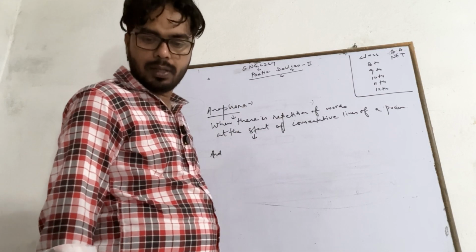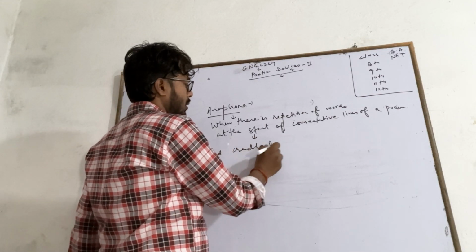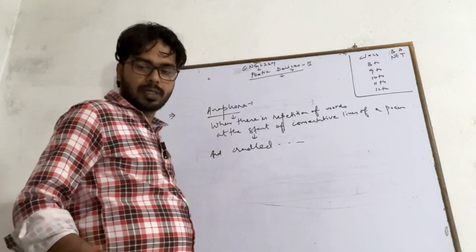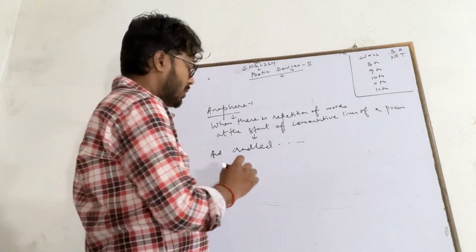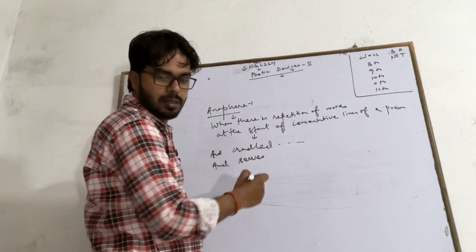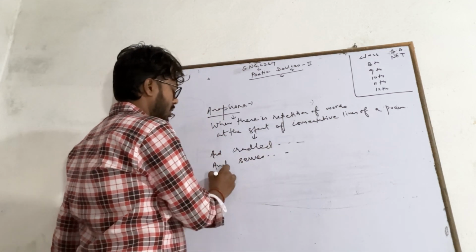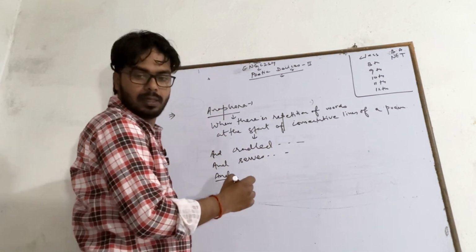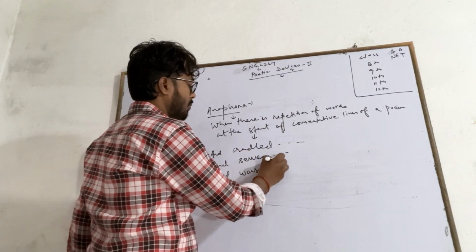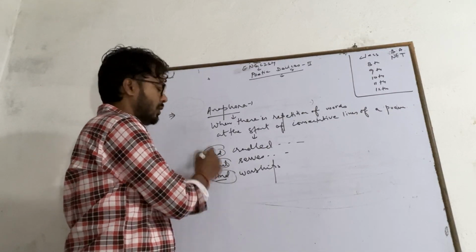You will surely find there that a poem line is 'And cradled', and after that another line of the poem starts with the same word, 'And serves', and again a line starts with 'And worships'. See this 'And'.